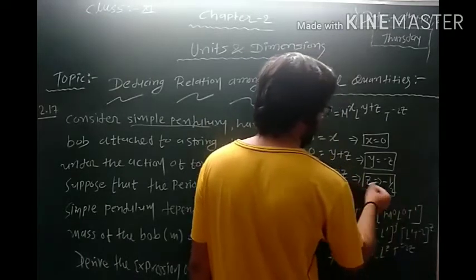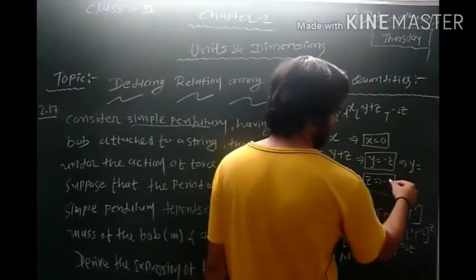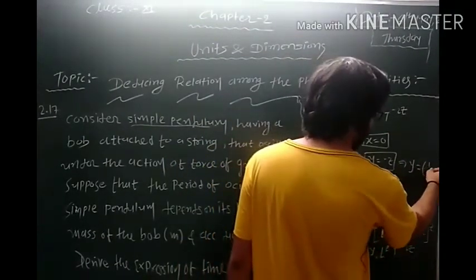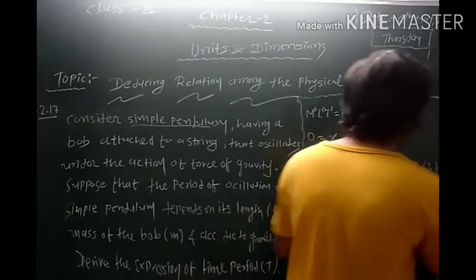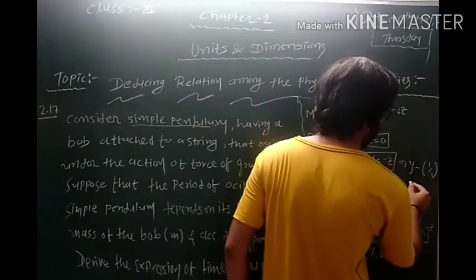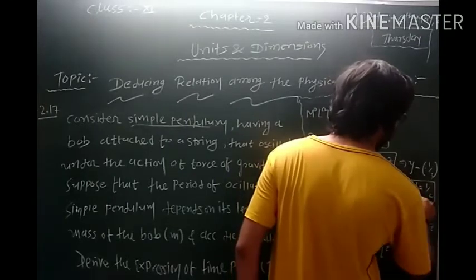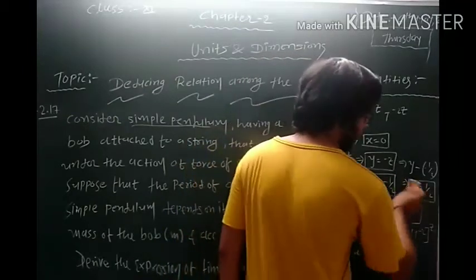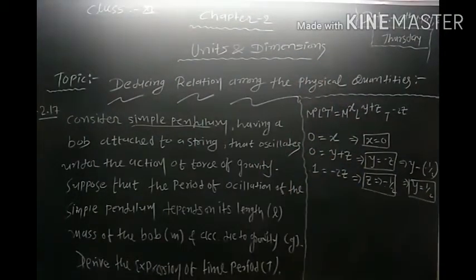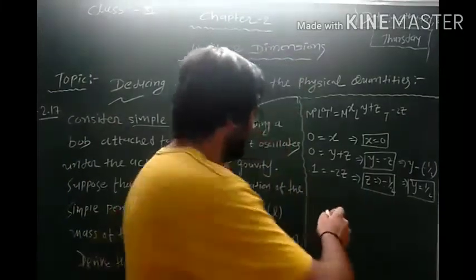Now put this value of z in this equation, so we can get the value of y, which is equal to minus of minus 1 by 2, and minus minus will be plus. So we get x equals 0, z equals minus 1 by 2, and y equals 1 by 2. Put all these values of the exponents x, y, and z in our previous equation, that is the time period equation.